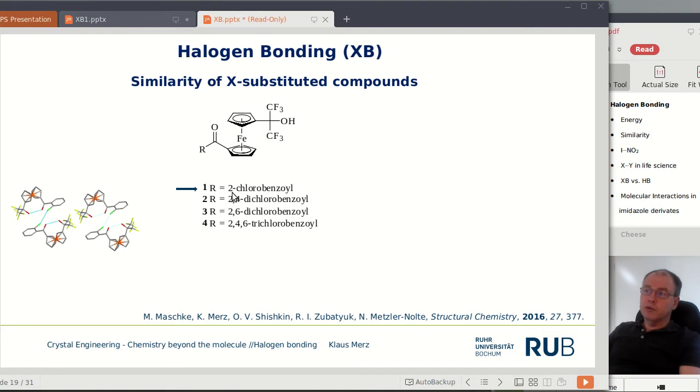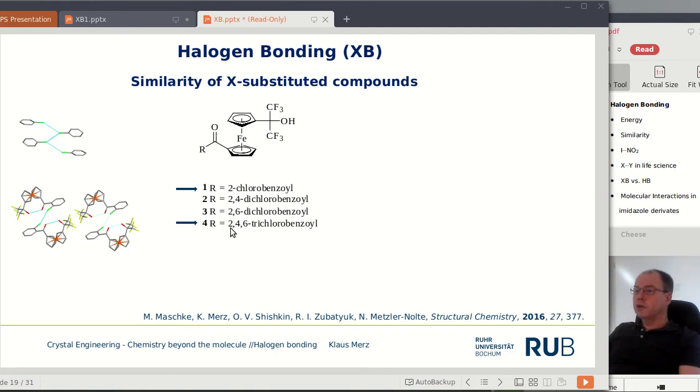For example, the 2-chlorobenzoyl ferrocene compound. This is a crystal structure. This is an eye sketch, only from the packing. You see it here, and it is very similar to chlorobenzene. Same situation.